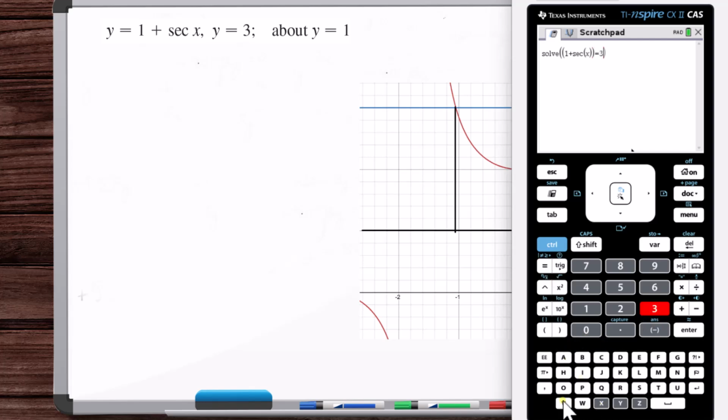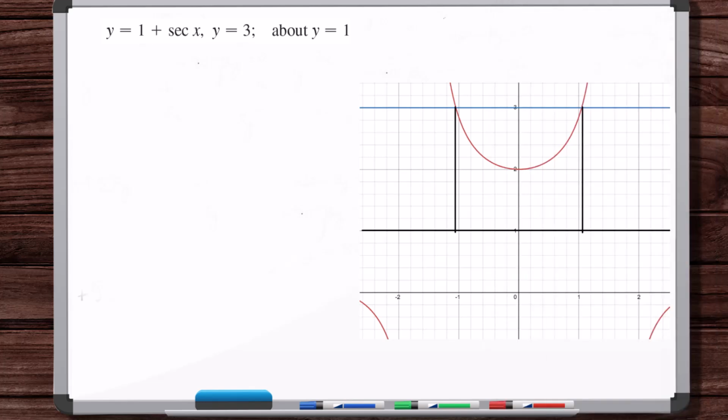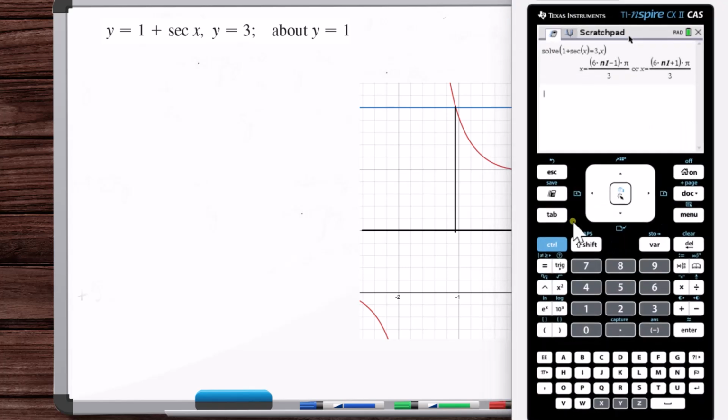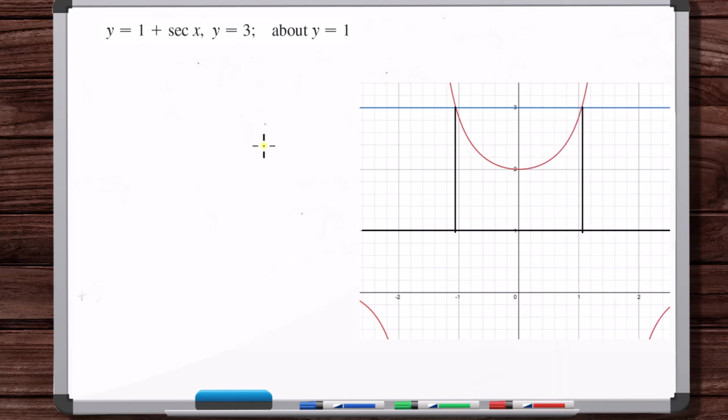Solve that for x. Okay, when n is equal to 0, you get minus pi over 3 to pi over 3. So we're going from minus pi over 3 to pi over 3.